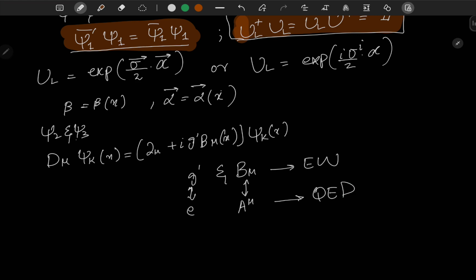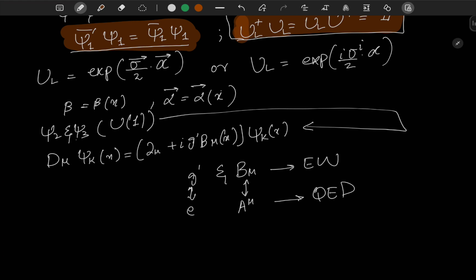Since psi 2 and psi 3 follow the U(1) symmetry, on that assumption, based on the calculations that I did in the QED case, where those fields were also following the U(1) symmetry, they transformed like this.